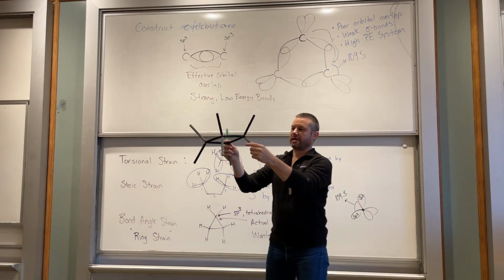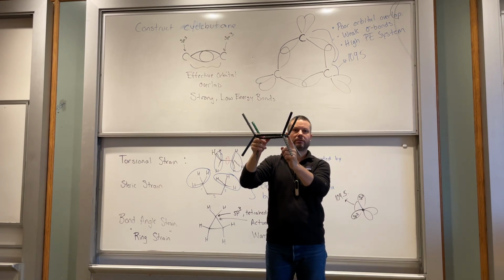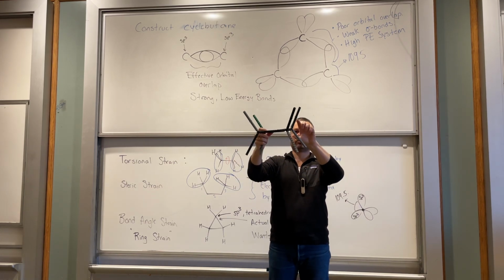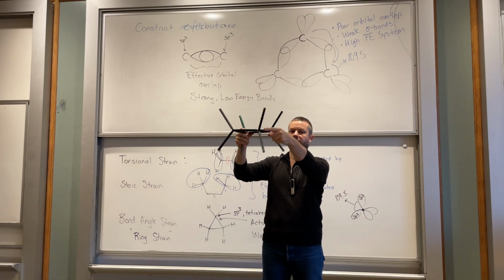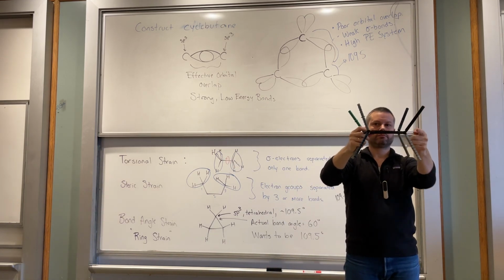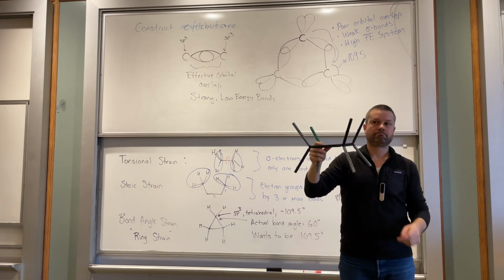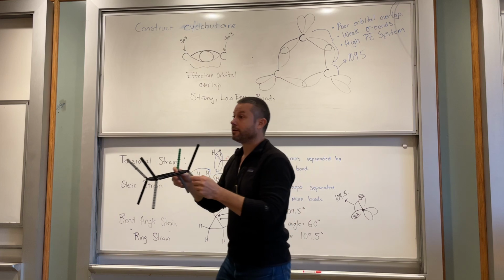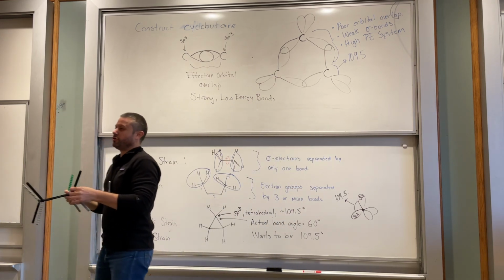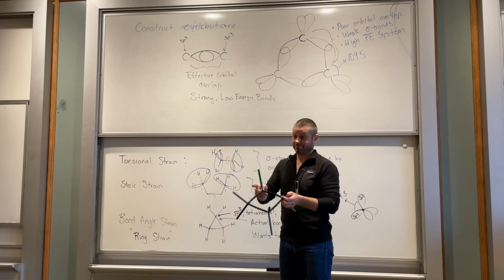All right, so if we look down any one carbon-carbon bond within that ring, what do we see? What's the relationship between the sigma bonds on this carbon with the sigma bonds on the carbon in front of it? Yeah. They align each other. Good. Do you remember what term we used the other day? Yeah.